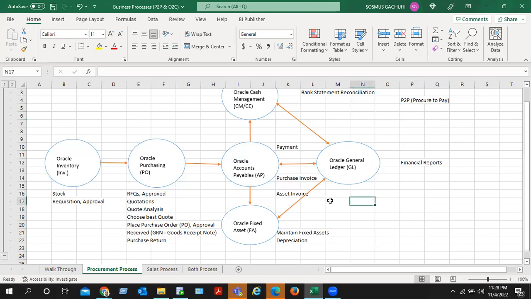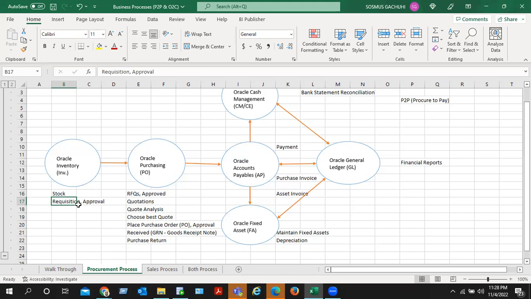If you happen to be asked how the process of Procure to Pay, or P2P, goes, you're supposed to understand that it starts, of course, in inventory, whereby under inventory we usually maintain stock, and we can also raise the requisition, and those requisitions get approved.